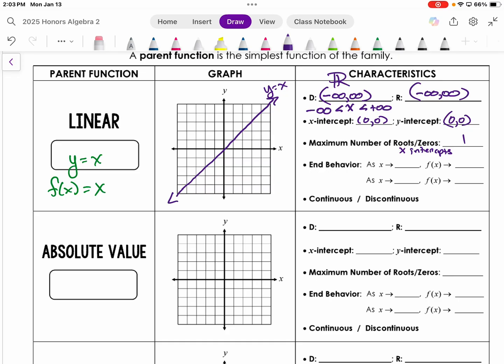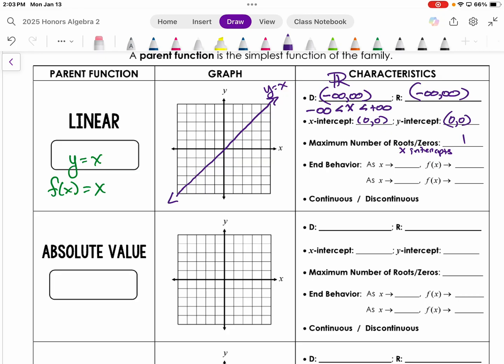A linear function is only going to cross the x-axis once. Now, there are times when it could be 0. That would mean that the line was parallel to the x-axis. And then the only other time would be if it's a horizontal line and it was the x-axis we were talking about. But typically, for linear functions like y equals x, it's going to be 1 maximum x-intercept.